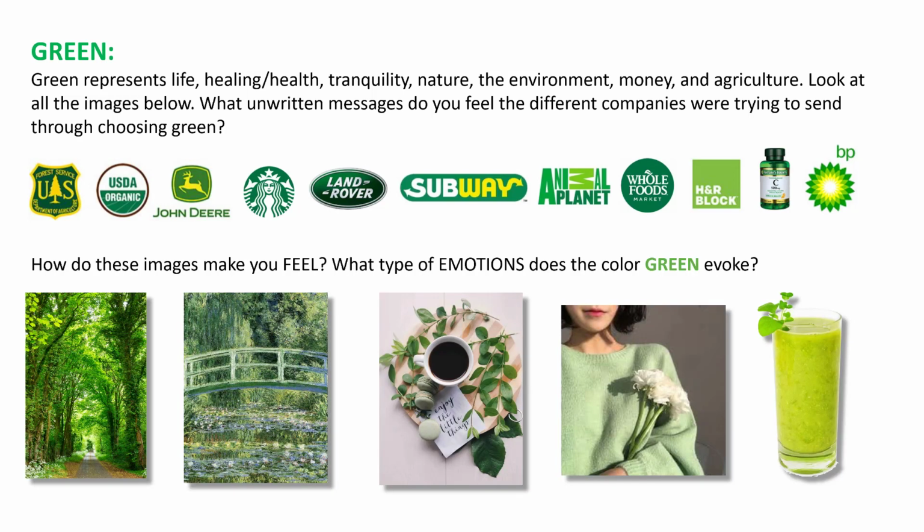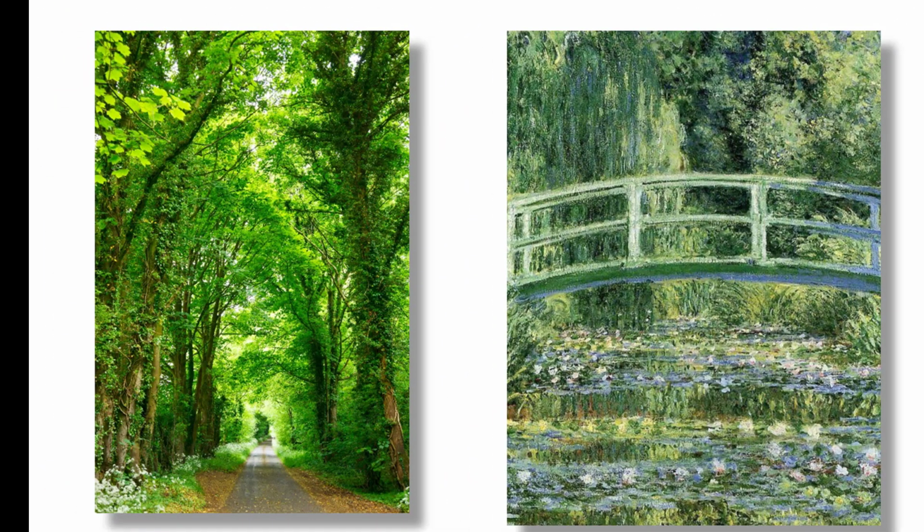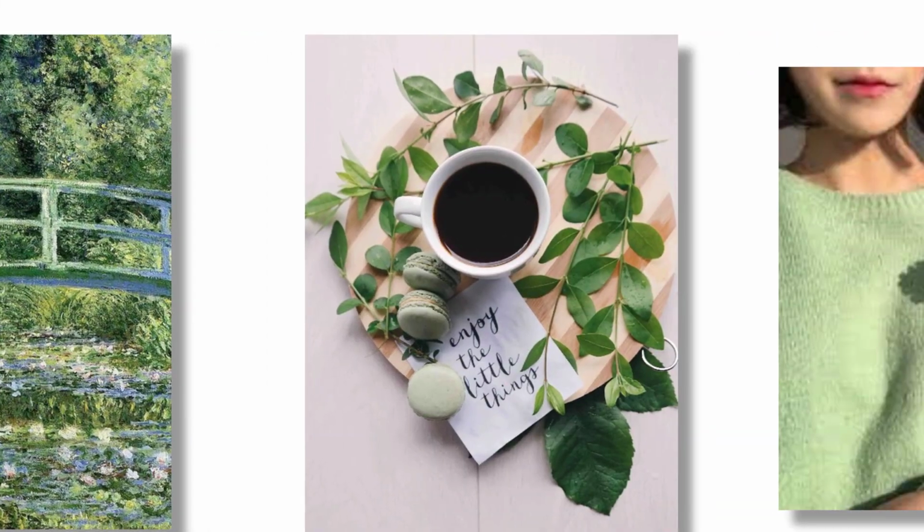Well, when I look at these images, the first two, both the photography and the Monet painting, I think peace. I feel tranquil. I feel calmness. And that's exactly what they were meant to achieve. Now, the third one, I feel the same way. Come on in, have a cup of coffee with me.